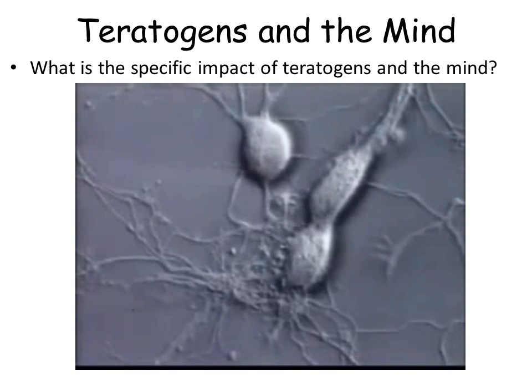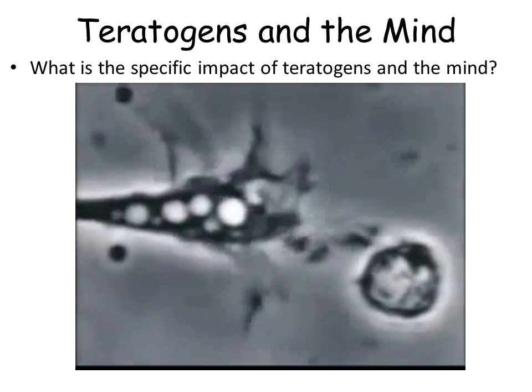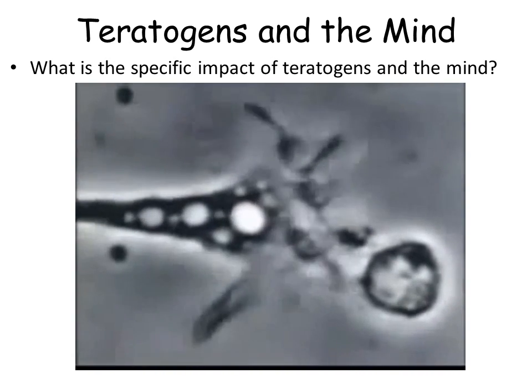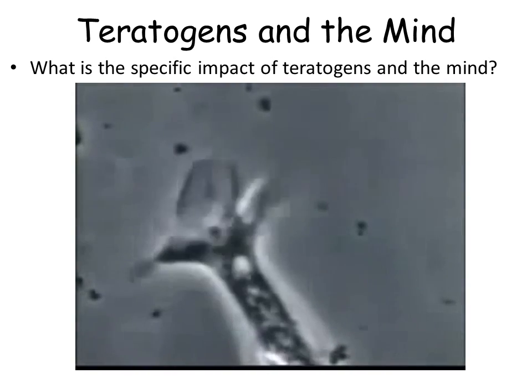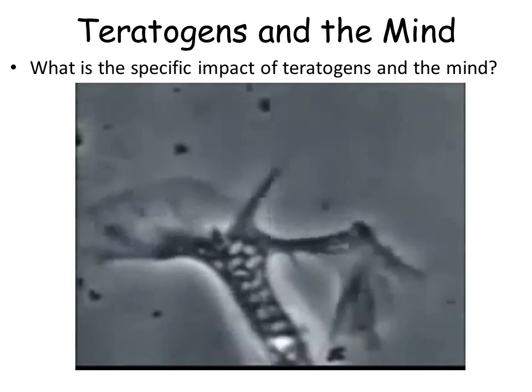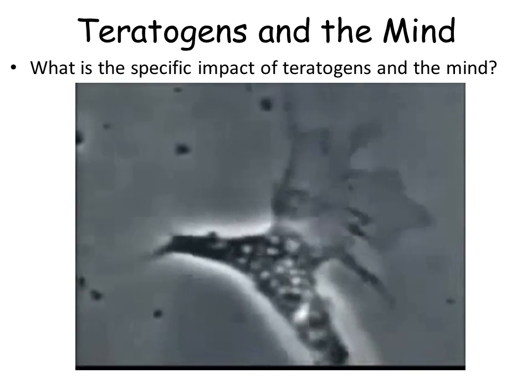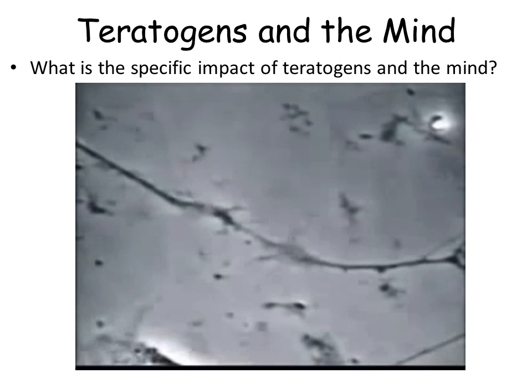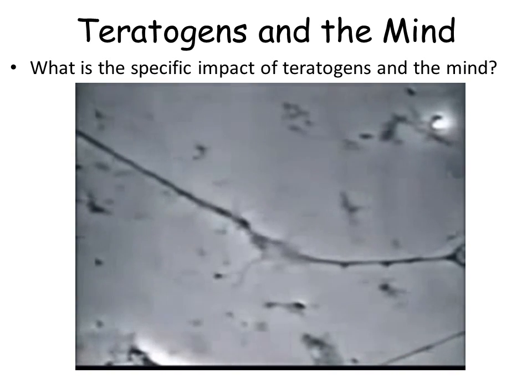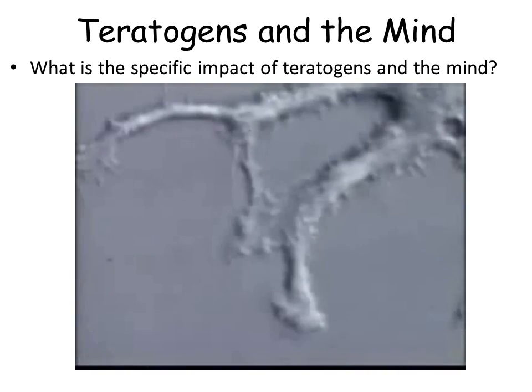Witness this microcosm of normal brain development. These three neurons are sending out fibers, trying to form a network of cells. At the end of each fiber is a growth cone, a tiny fluttering tip that depends on chemical signals to find its way. Normally, the brain produces far more neurons than it actually needs. Sometimes they succeed in linking up, sometimes they fail.